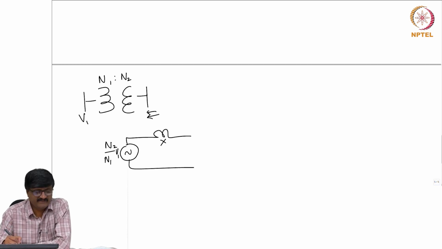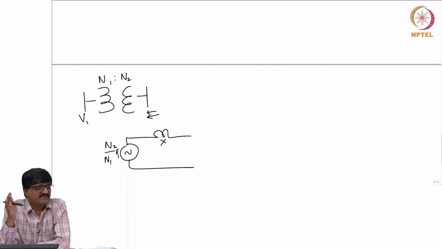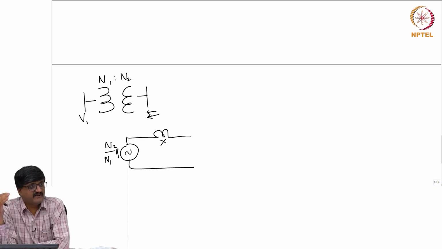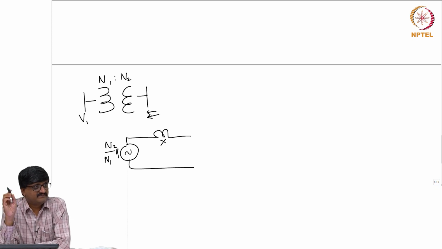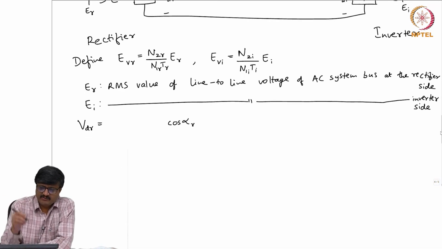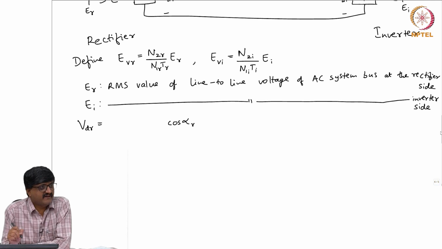So when you see from the converter side, it is the transformed voltage that you see. Please note, we are trying to see from the converter side. So what we need to do is write it in terms of EVR, not ER.